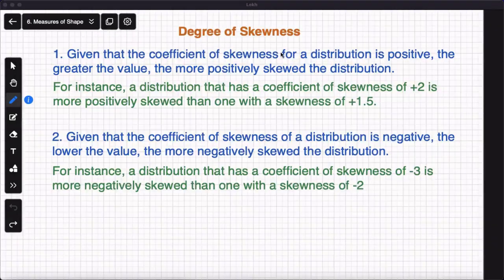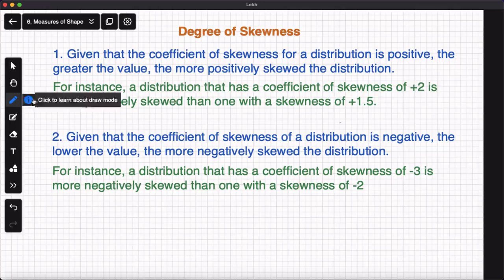All right. Now let's look at how we can determine the extent to which a distribution is skewed. Let's assume that the distribution is positively skewed. Then in that case, the higher the value of the coefficient of skewness, the more positively skewed the distribution is.